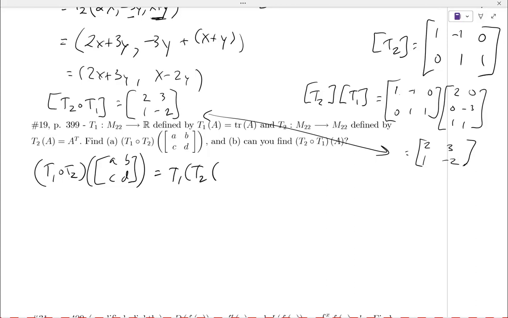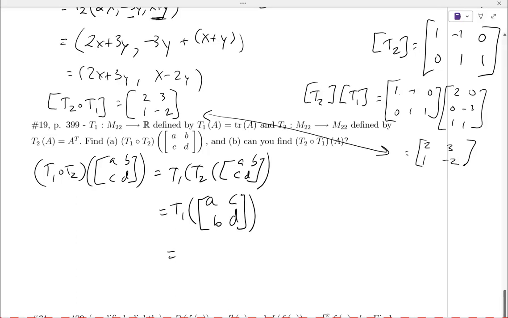Again, composition says work inside out. What does T2 do to the matrix? Transposes it. And then what does T1 do to the matrix?